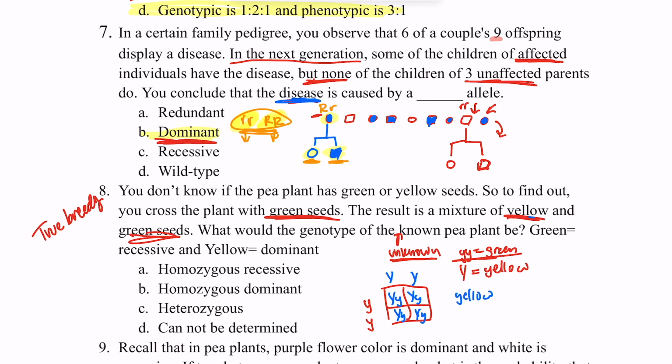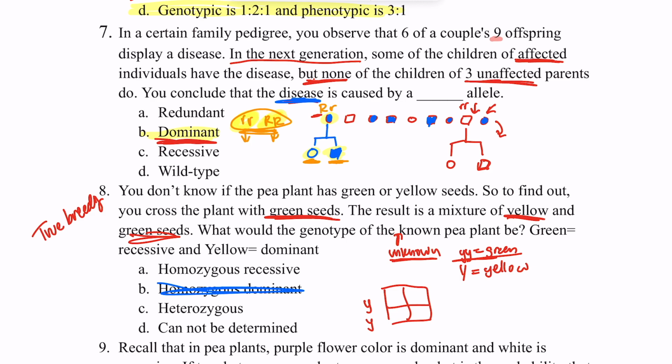So it can't be homozygous dominant. Let's cross this one out. Because we have yellow and green, and dominant gives us all yellow.